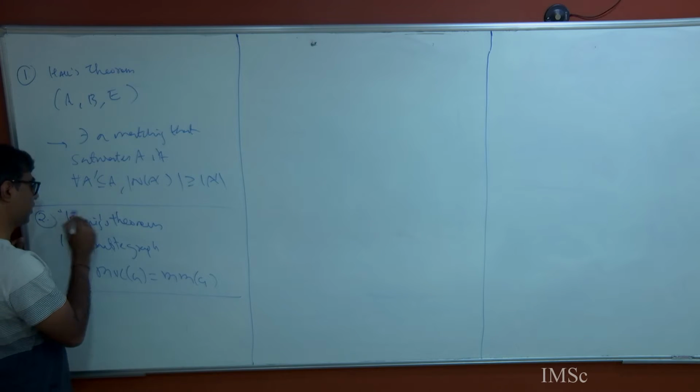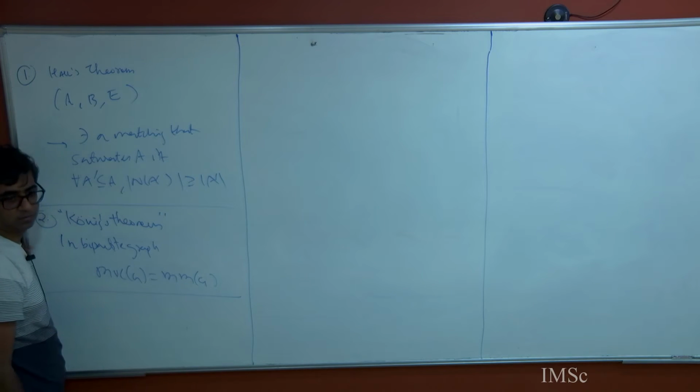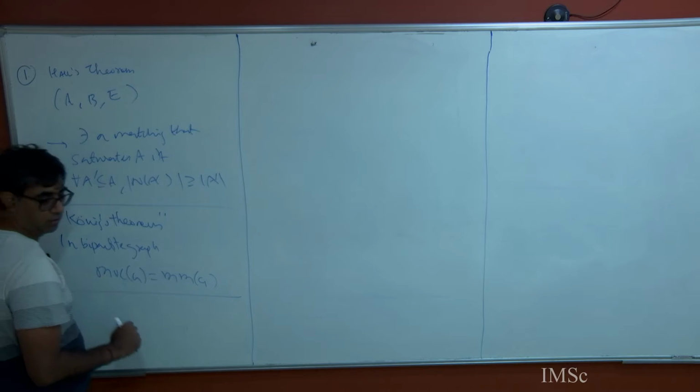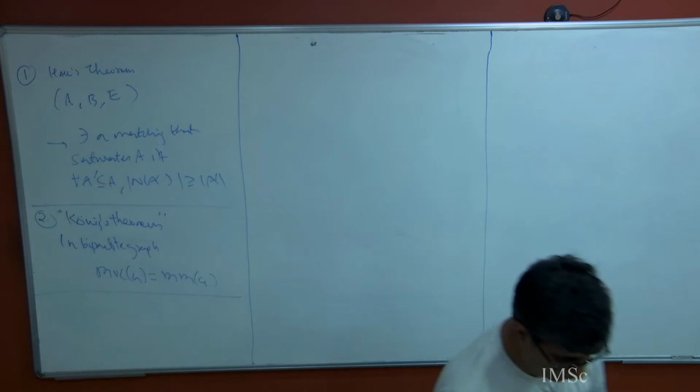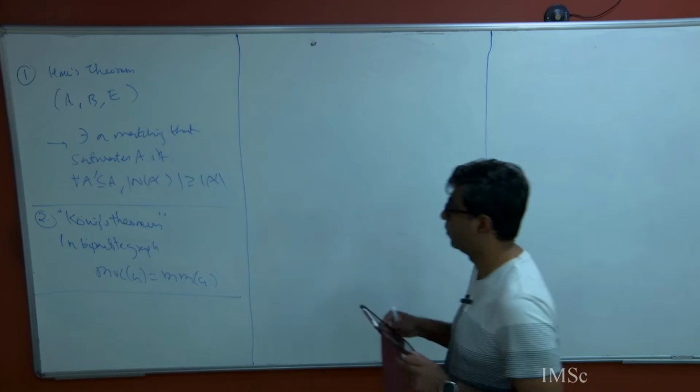But why is it called Koenig's theorem? Does anybody know? Yeah, but are there graphs that you are aware of which are not bipartite and where this property holds?